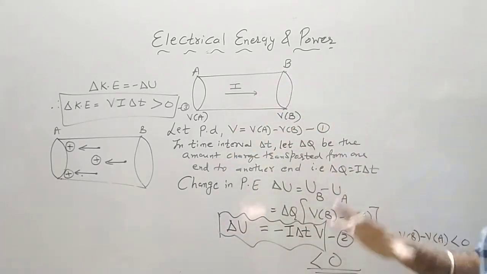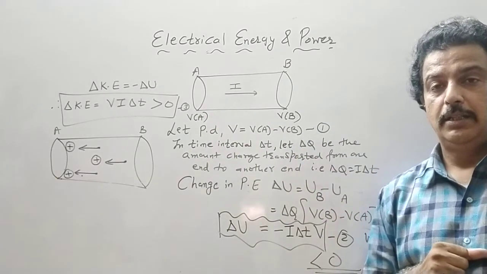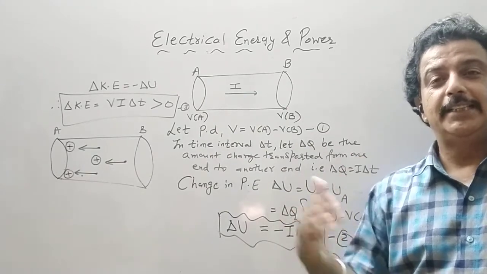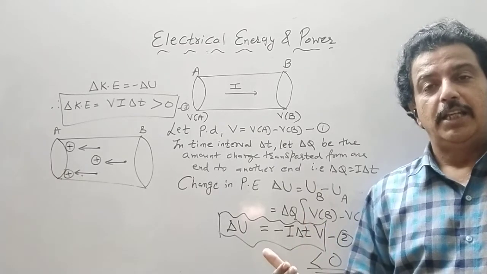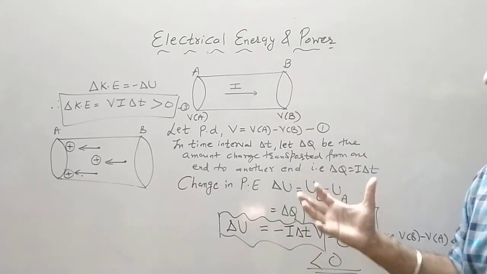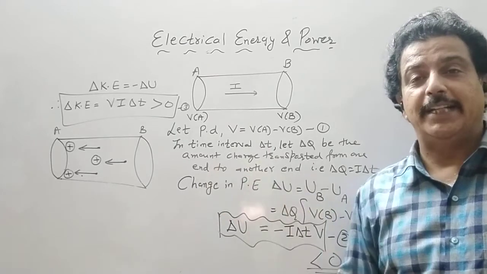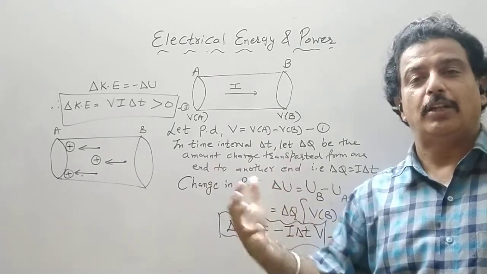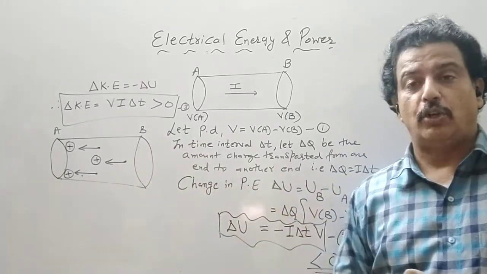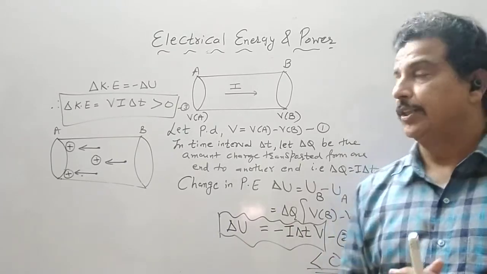So this expression says that whenever there is a motion of the charge, the kinetic energy of the charges does increase, but that increase in the kinetic energy is dissipated in the form of heat energy, and we will derive how much heat energy is dissipated, or how much power is dissipated, or there is a loss of power due to the collision of electrons colliding with the ions which are oscillating about their mean position.